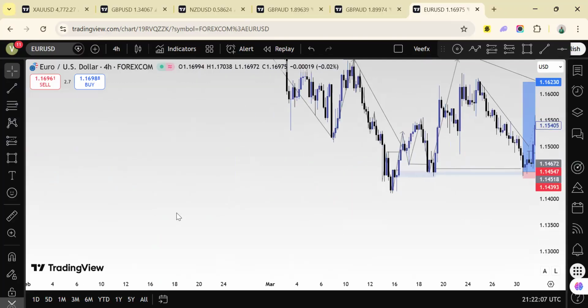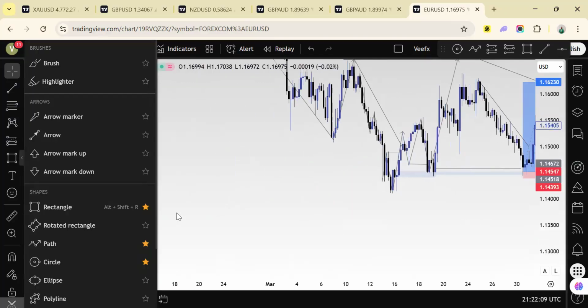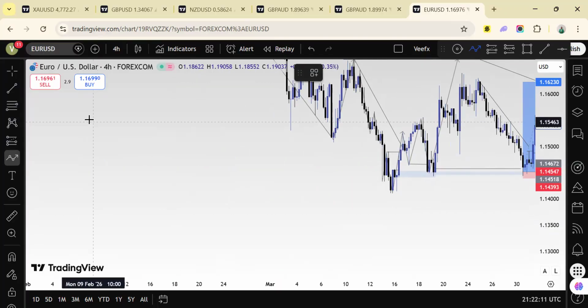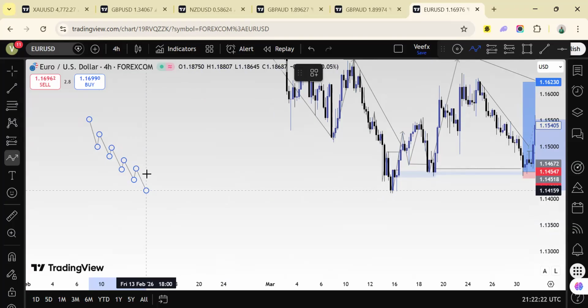Now, let me give an example using a line chart. Let's say this is your downtrend, and then you have a market structure shift to the upside, and then you have an inducement.